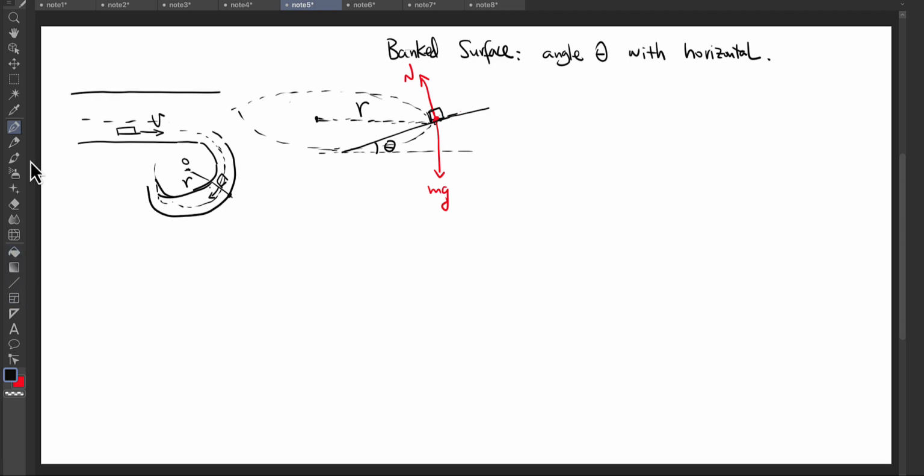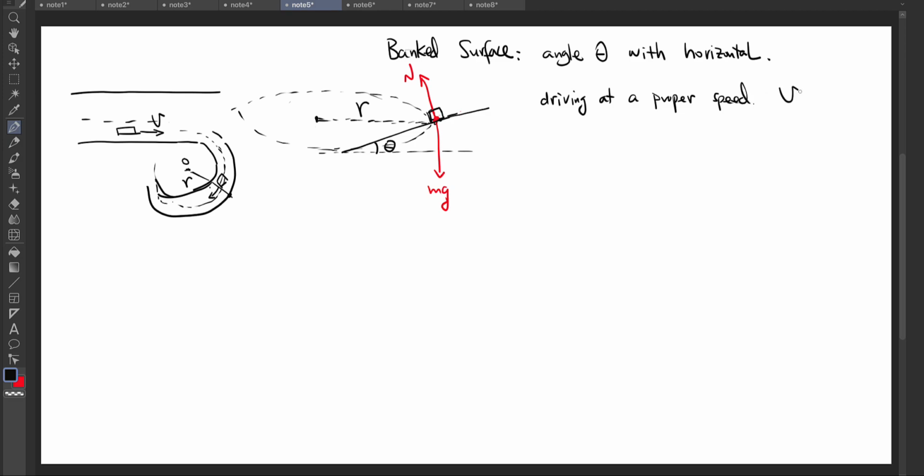Now let's say the car right now is driving at a proper speed.